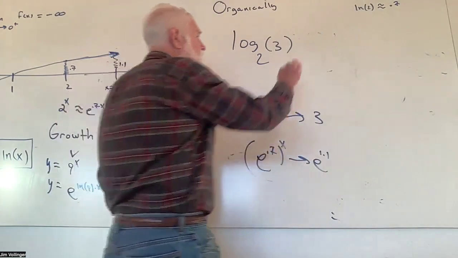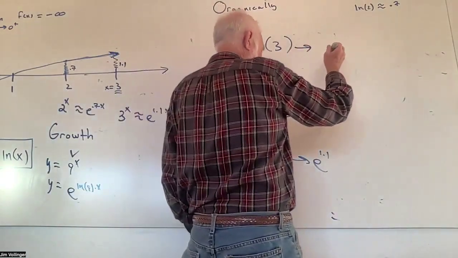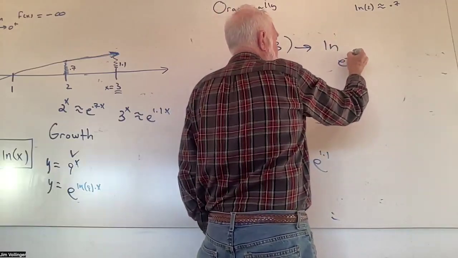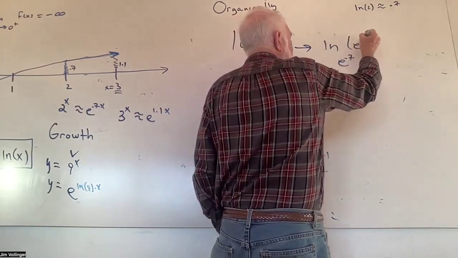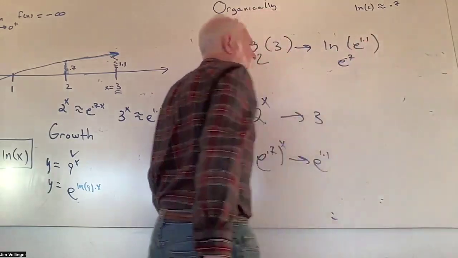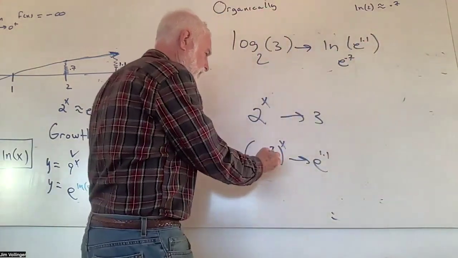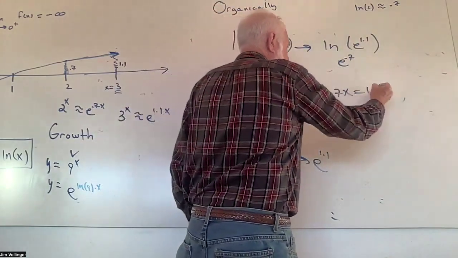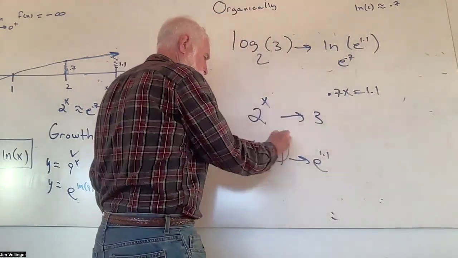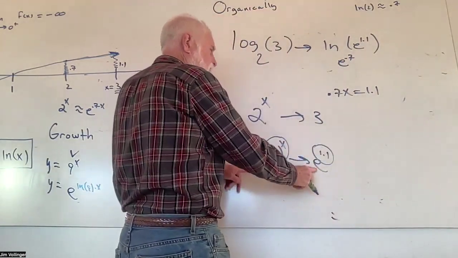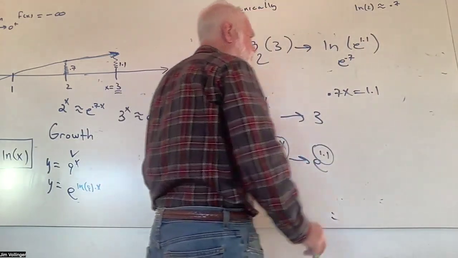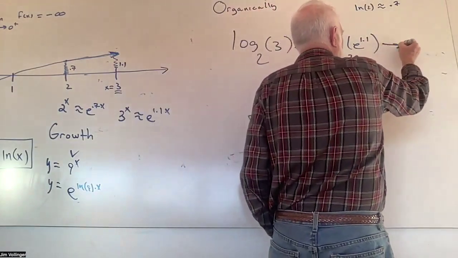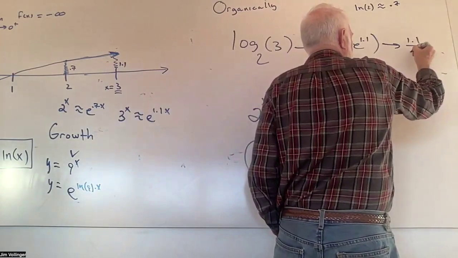Okay, so if I did that, then I really have ln of e to the 0.7 getting me e to the 1.1. Okay, and so that would then become 0.7x equals 1.1, right? Those have to be equal because the base is the same, and therefore we get 1.1 over 0.7.